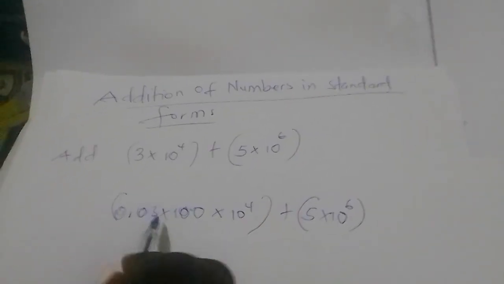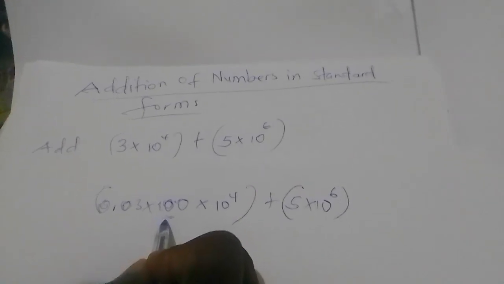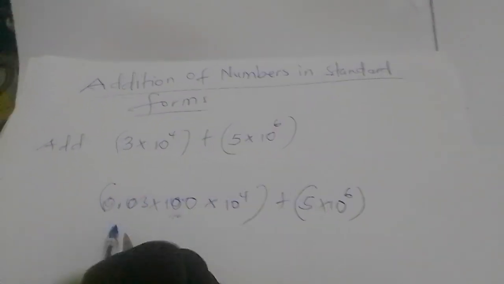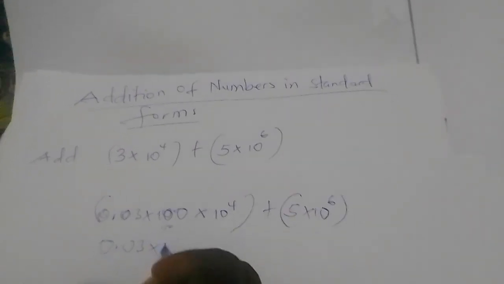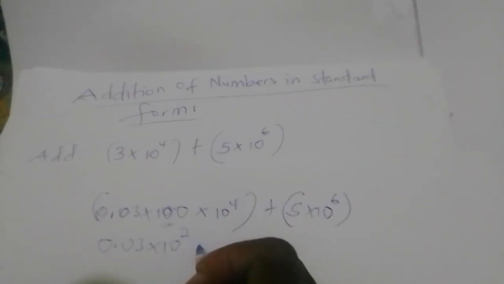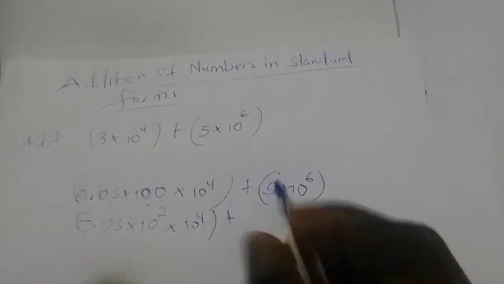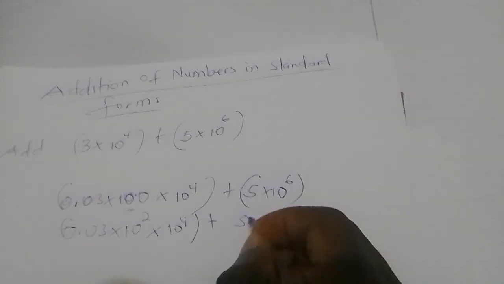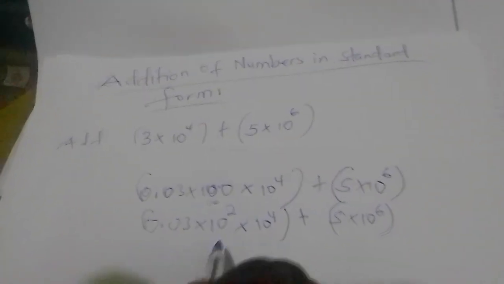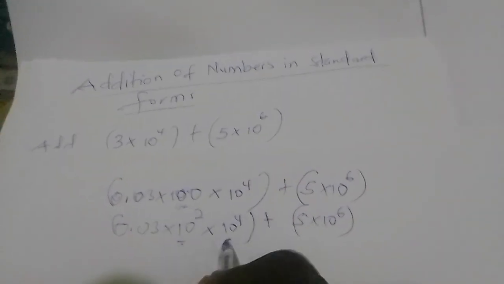Okay? Now remember, this 100, I can write it as 10 to the power 2. Good. So this is 0.03 times 10 to the power 2 multiplied by 10 to the power 4. Okay? Good. Now we have this. So 5 times 10 to the power 6. Okay? Now, here we have 10 to the power 2 and 10 to the power 4, and they are multiplying.